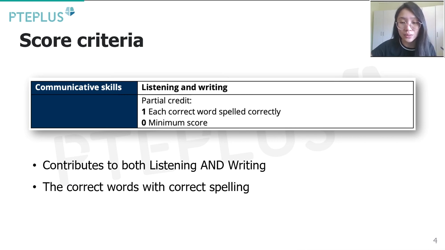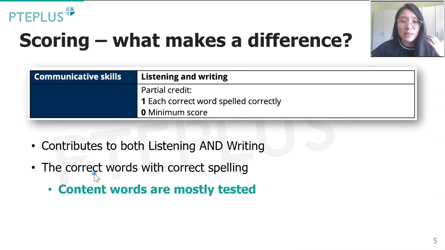What does that entail? Firstly, the correct words tend to always be content words, whether it's nouns, verbs, adjectives, adverbs, and so forth. It's very, very unlikely for it to be testing grammatical words like for or of. That's unlikely to be in a blank at all.